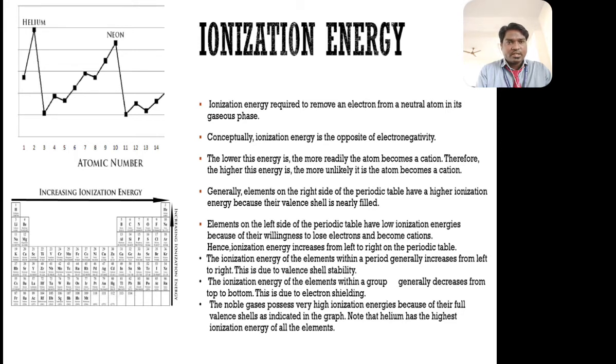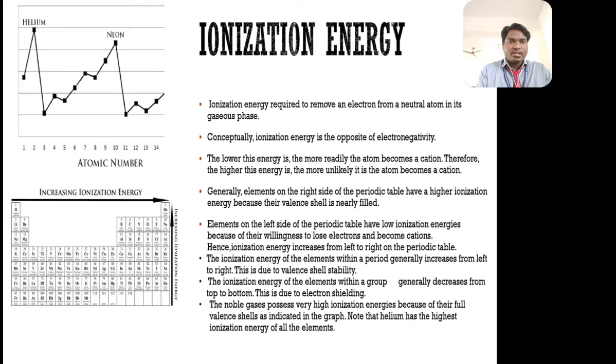Generally, elements on the right side of the periodic table have higher ionization energy because their valence shell is nearly filled. The elements on the left side have lower ionization energy because of their willingness to lose electrons to become cations.